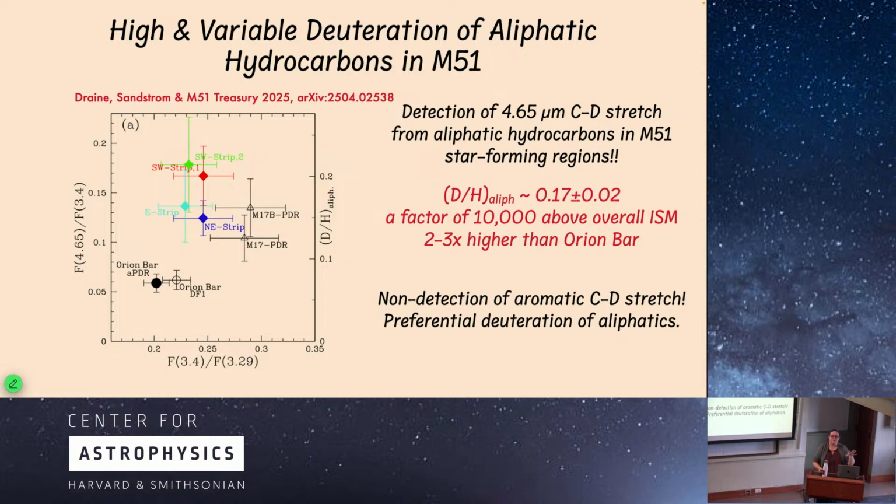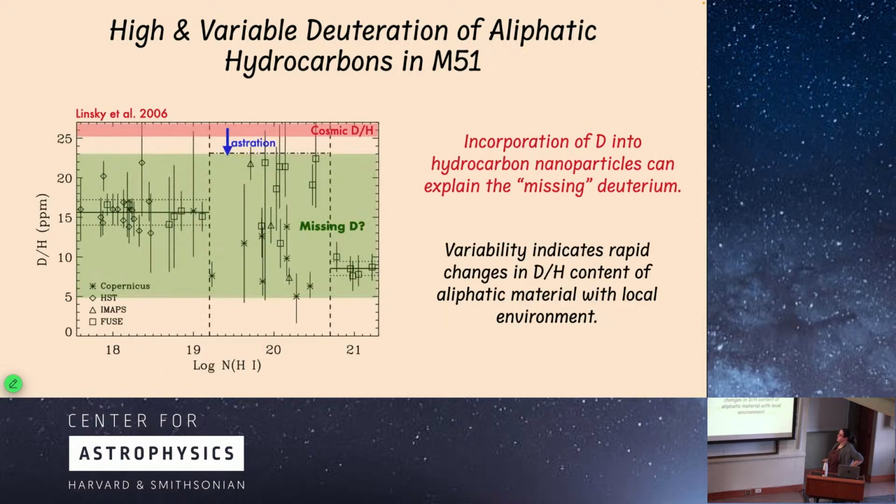An interesting thing about the D to H ratio in the ISM is that you have a really strong expectation for what it should be, based on the amount of deuterium predicted to be made in the Big Bang. There's a tiny bit you could remove by cycling that gas through stars, right? This is astration, which gets rid of some of your deuterium.